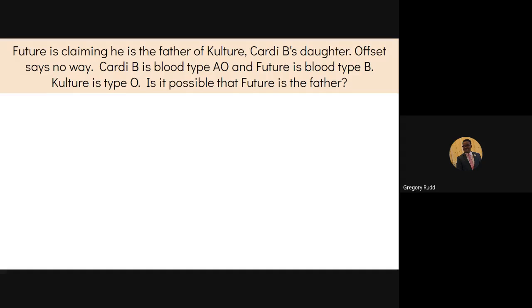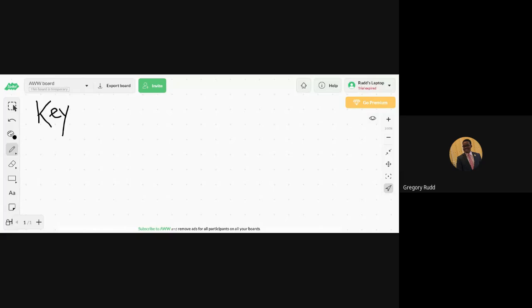And we know Culture's blood type is O. All right, so again, first thing we need to do, make our key. Cardi B is AO. Culture is type O.